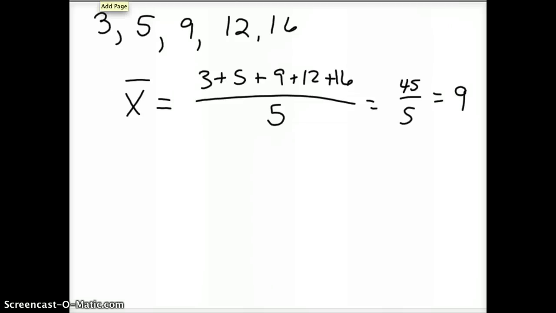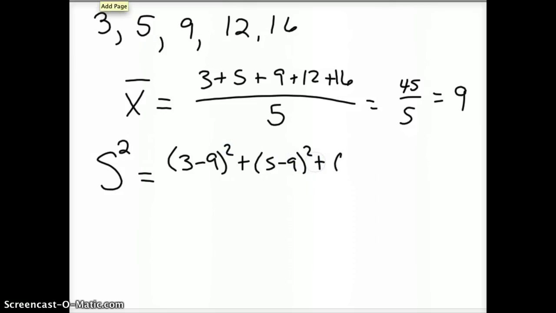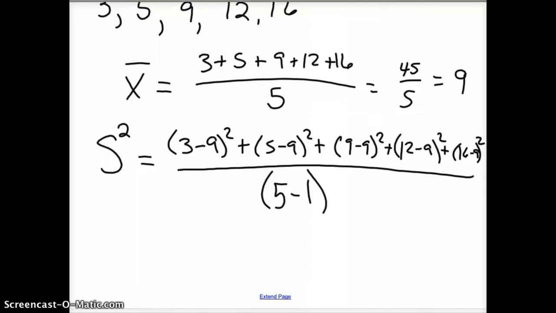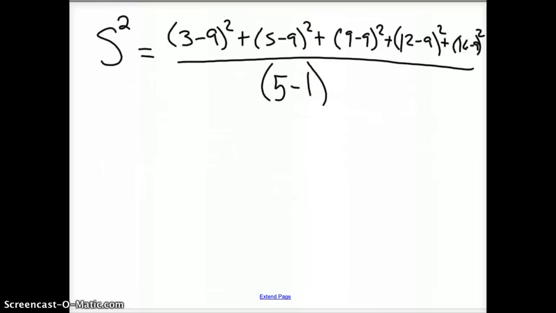Then to calculate the sample variance, you would take 3 minus 9 squared plus 5 minus 9 squared plus 9 minus 9 squared plus 12 minus 9 squared plus 16 minus 9 squared. And again, you divide by the number of samples minus 1 to get a slightly larger standard deviation. Now it's just a matter of simplifying this using your order of operations.